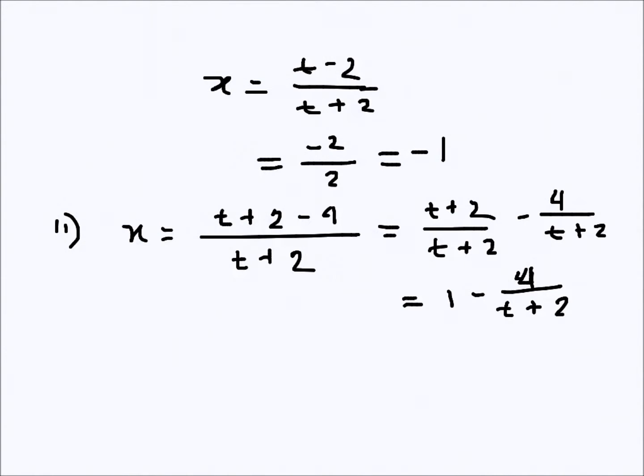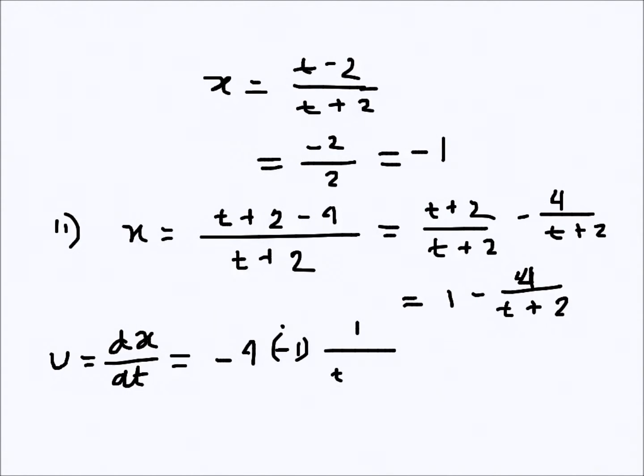And from here we have to find the expression for velocity. As we know, velocity is the differentiation of displacement with time. So if we differentiate this one, it is negative 4, then negative 1, (t plus 2) squared.